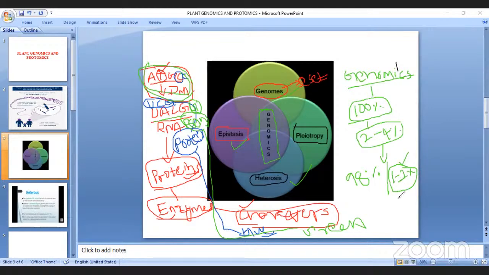What is the difference between one person and another? It is the behavior and character of the person, the variation among individuals. These are what we have to study in genomics, right? Is it clear? Yes, sir.